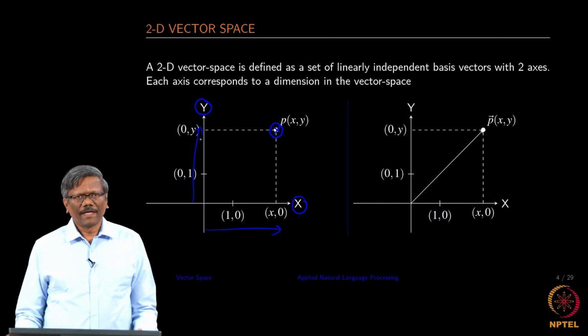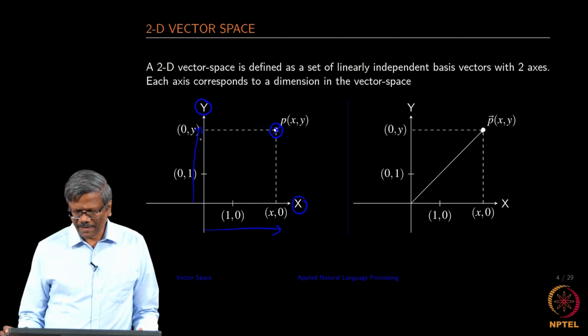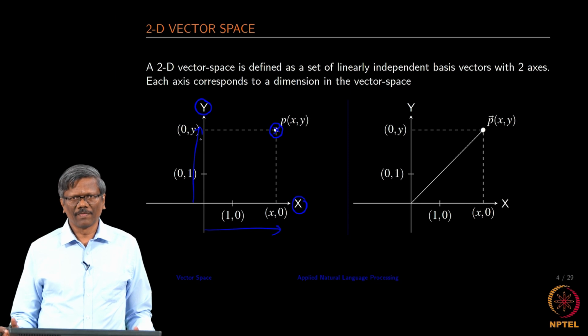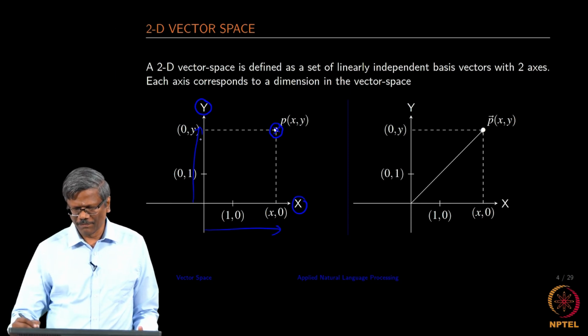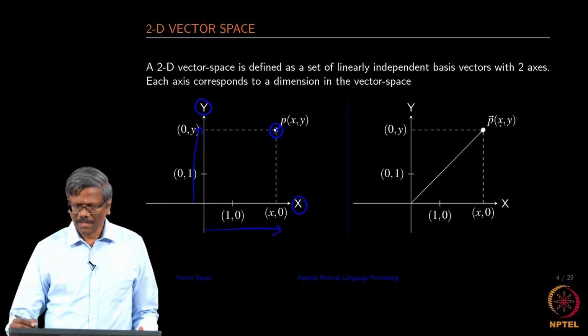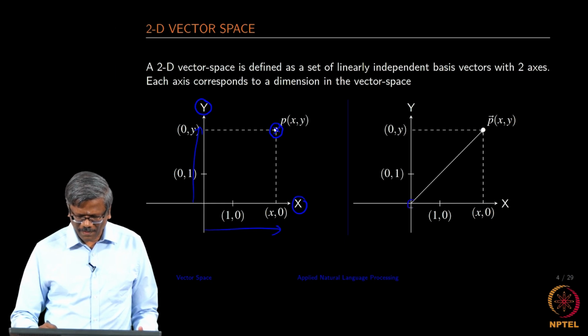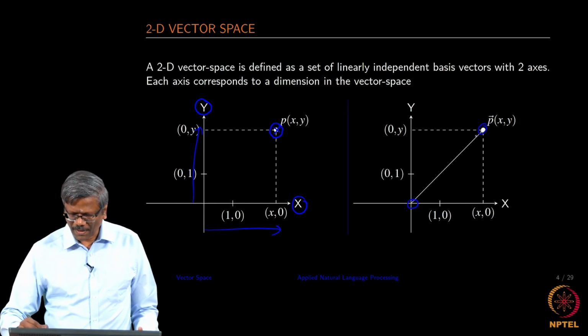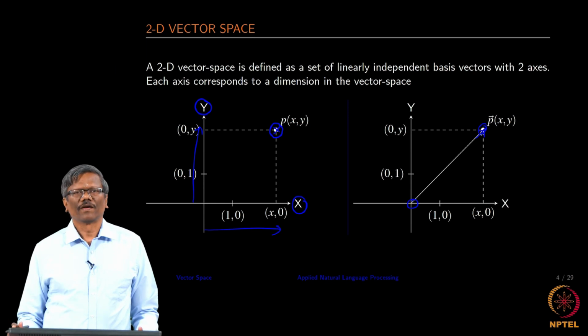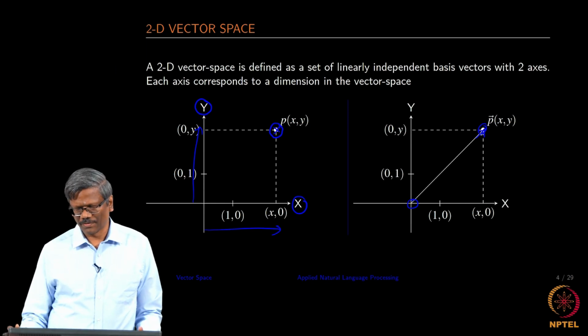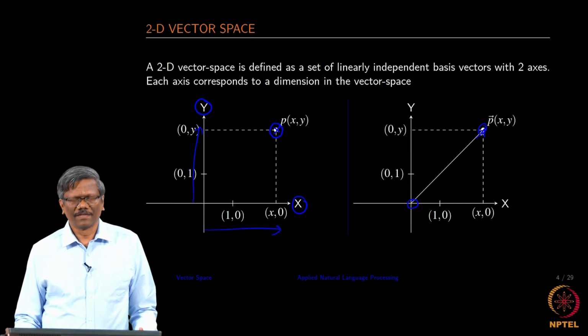Okay. And then next we are going to define a vector. You are probably familiar with this. A vector is going to give you the position as well as the direction. So, now if you connect the 0 0 to the point, and then it has a direction attached to it, this is a vector. So, now P becomes a vector in this space.